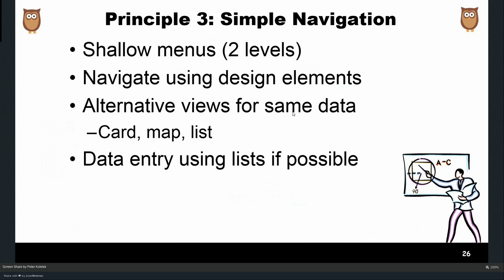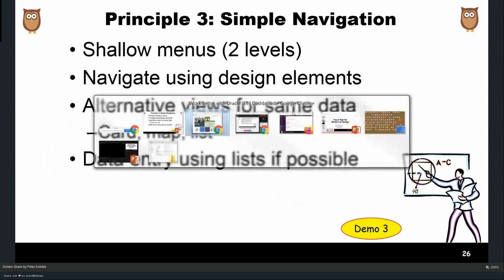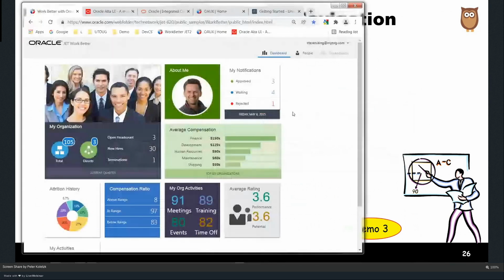And then alternative views for the same data, which I'll also show. And then using lists for data entry instead of having the user type in information. And this is good for data validation too. If there's a list, then it's an allowed value that the user has to pick and you don't have to do much validation on it. So we're going to look at that in the demo again.